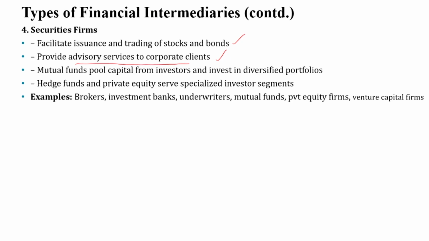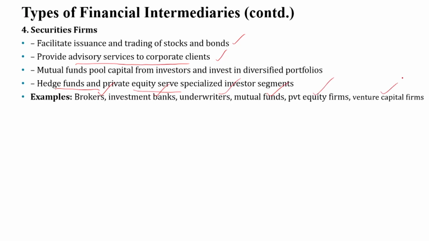It includes mutual funds, which pool funds from retail and institutional investors and invest in diversified portfolios. It also includes hedge funds and private equity, which cater to high net worth individuals and specialized investors. Examples of securities firms include brokers, investment banks, underwriters, mutual funds, private equity firms, and venture capital firms.